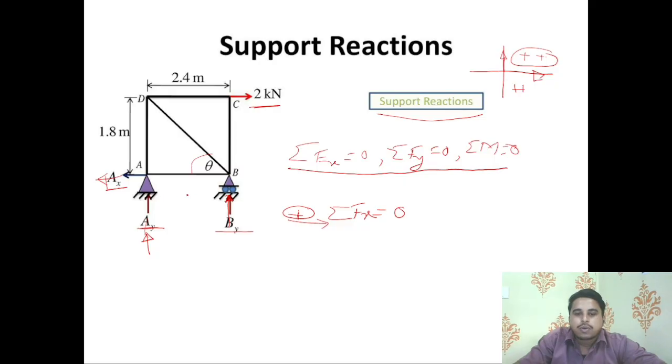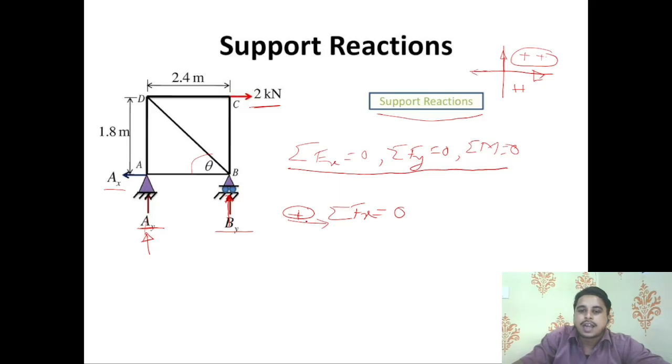Fx, so where we can find it, the horizontal forces? One horizontal force is Ax. Here, Ax is a horizontal force, but its direction is right hand to left hand direction, meaning this force follows the opposite direction.